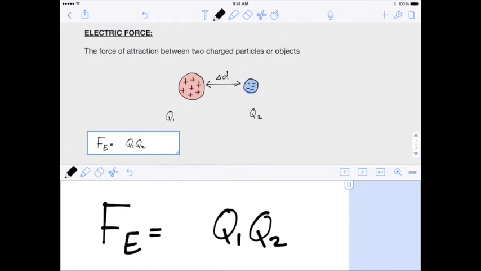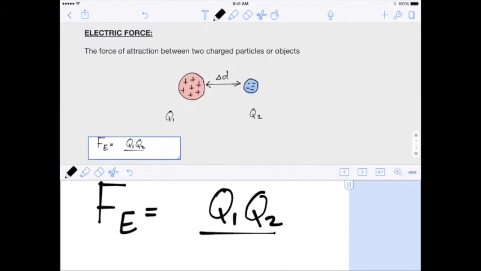Whereas if these charged particles were far apart, the force of attraction would be smaller. So the electric force of attraction is inversely proportional to the distance. So the farther they are, the less force, and the closer they are, the more force there is. If they are inversely proportionate, this expression would have delta D in the bottom.